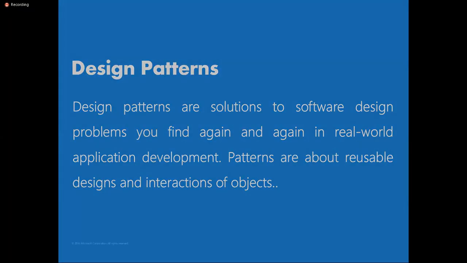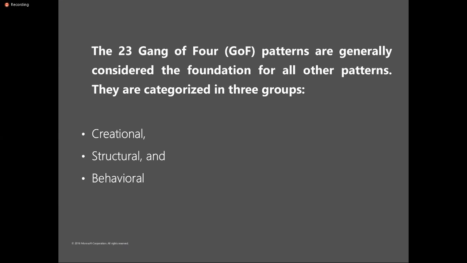And design patterns are categorized into three groups actually. We call them the gang of four. 23 design patterns are there: creational, structural, behavioral. So this is a very different and a big concept. A software developer already knows about design patterns and all. I'm not going into that.